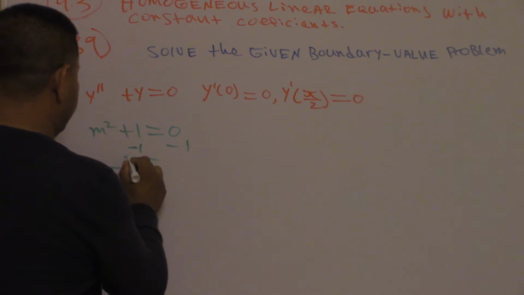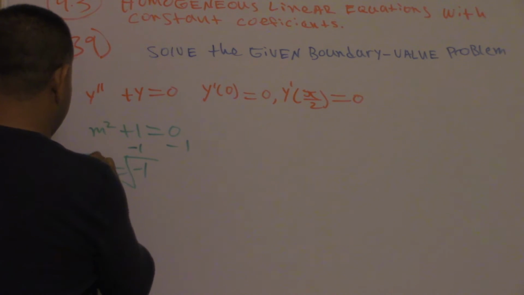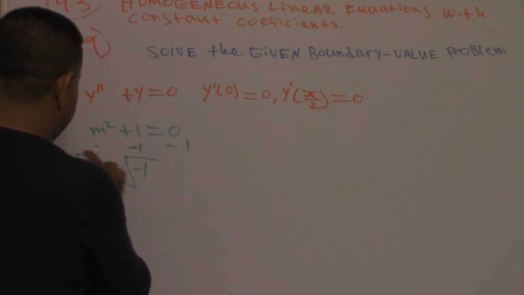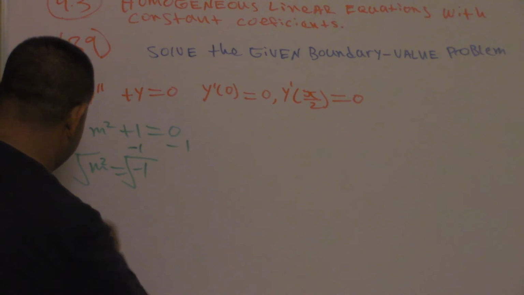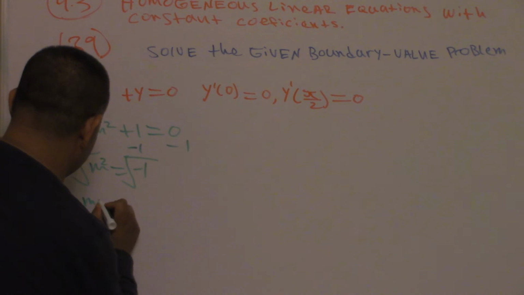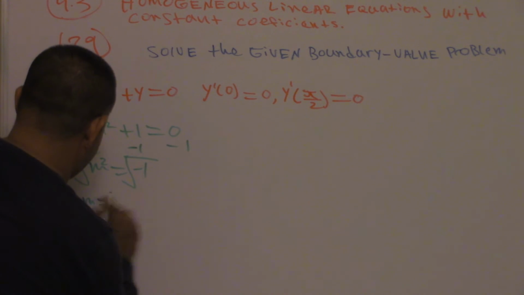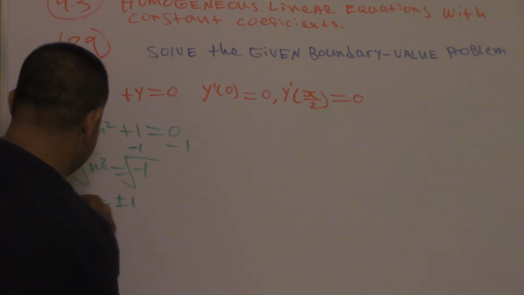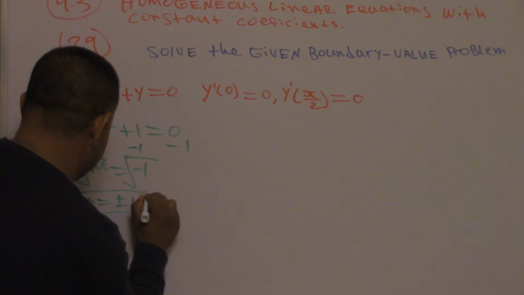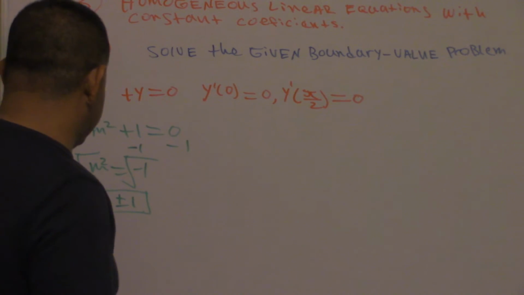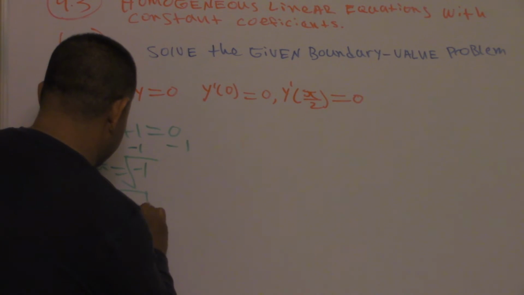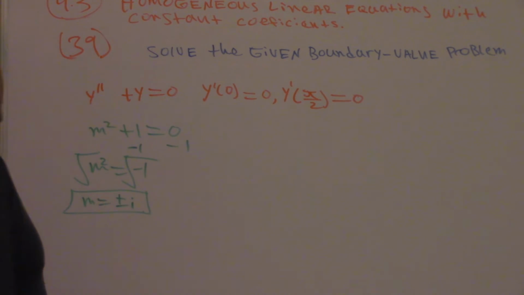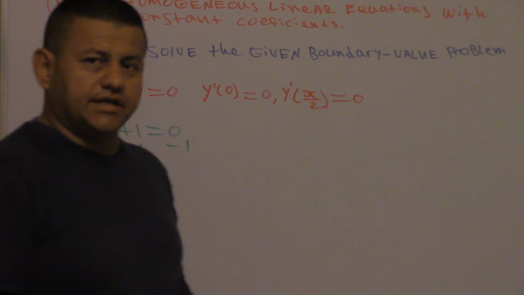And then if I take the square roots on both sides, what do I get? I get m is equal to plus or minus, be careful, plus or minus i.